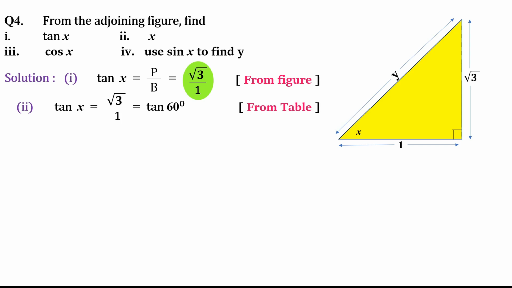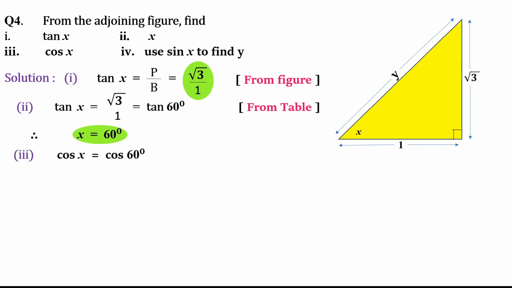And from the table, I have that tan 60 is root 3. That means this unknown angle x is nothing but 60 degree, because tan 60 is only root 3. No other angle of tan gives me root 3. So if from the table we come to know tan 60 is root 3, that means tan with an unknown angle x, which is giving me the answer as root 3, is also 60. That means this unknown angle x is nothing but 60 degree.